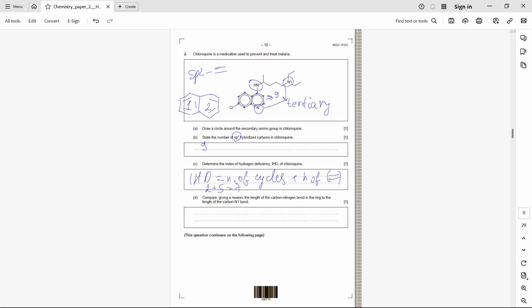For the next question, we need to compare this bond and this bond. This bond has an order. We can say that it's not a double bond, but it's not a single bond. It's more like a 1.5 bond because it's in an aromatic cycle, right? So it has an order of 1.5, and this is basically a single bond, so its order is 1.